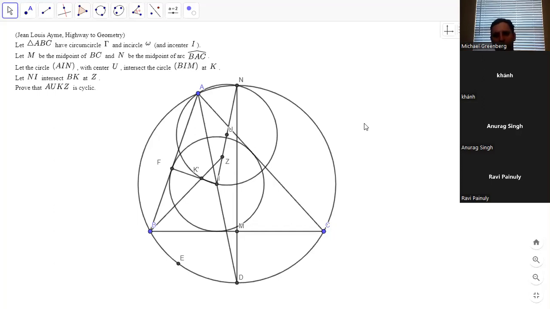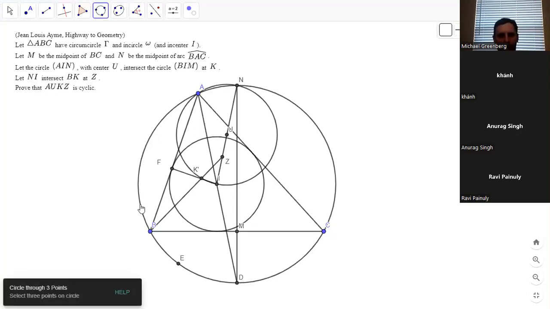So but wait, so that proves that ABB is 90 minus A over 2. So that shows that BK prime IB is cyclic, right?